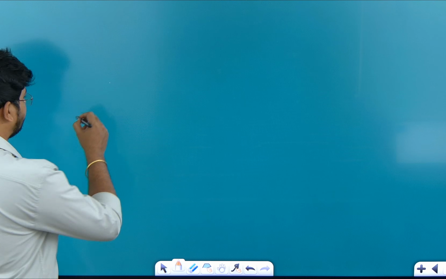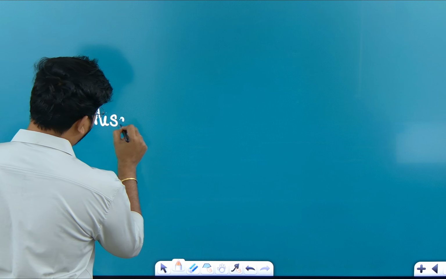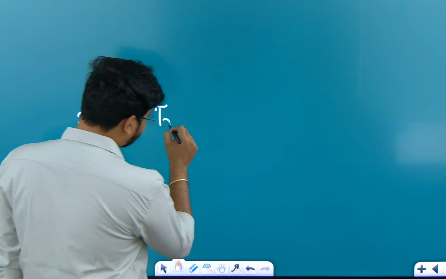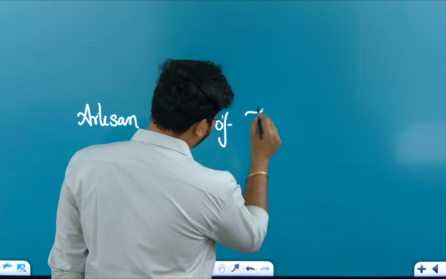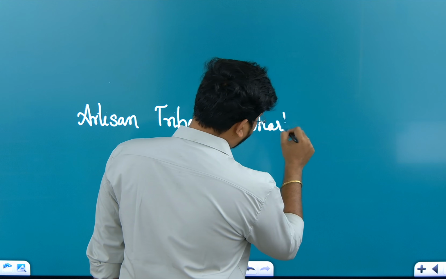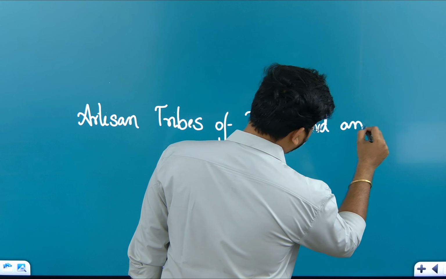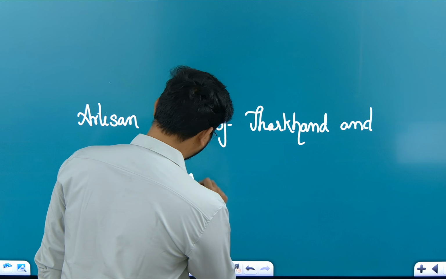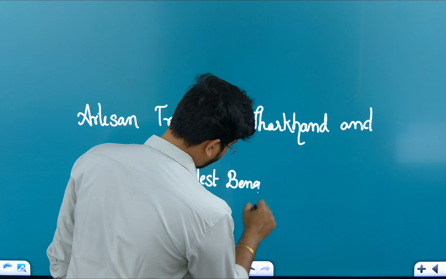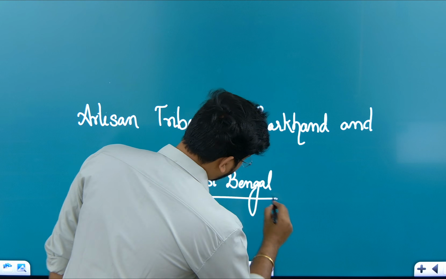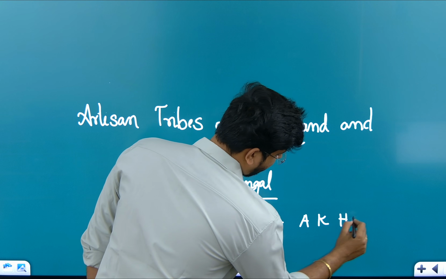Then you have to give some work of an anthropologist. There is a work known as Artisan Tribes of Jharkhand and West Bengal. This is the name of the book, authored by A.K. Haldar.